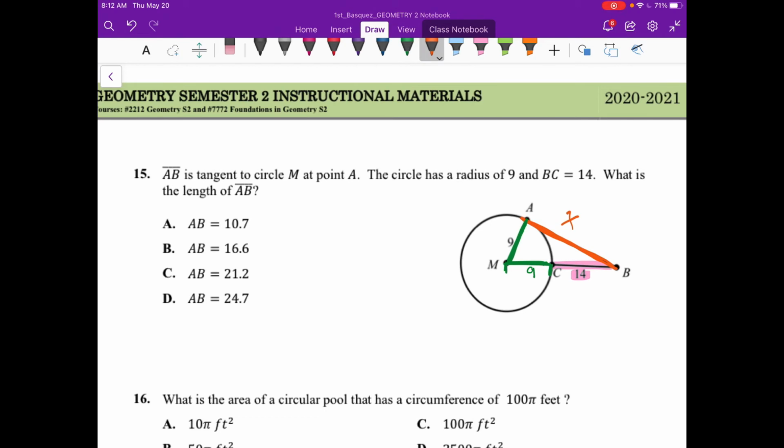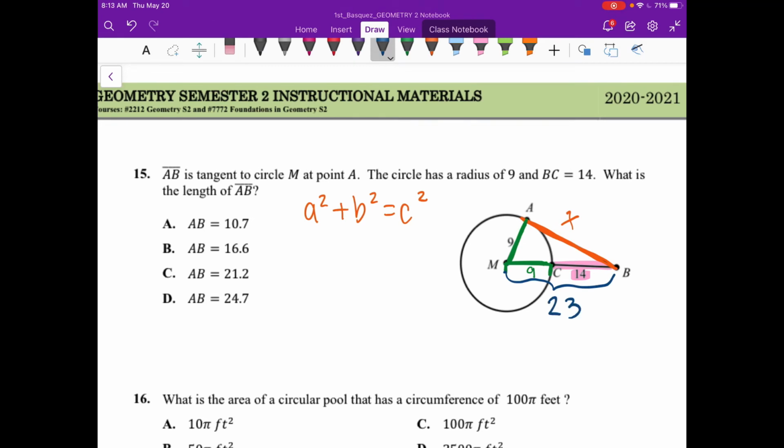Now, there was a property when we were talking about tangents and circles that said I could prove that a line was tangent to the circle if it fit the Pythagorean theorem, a squared plus b squared equals c squared. Now I have to figure out which one is which, okay? When I add these up, because this is 9 and 14 together, this is going to equal 23.